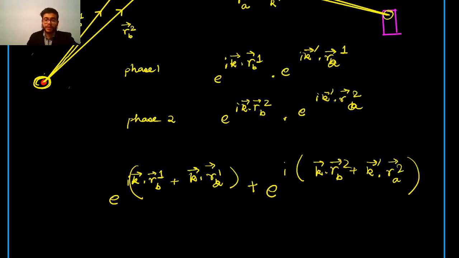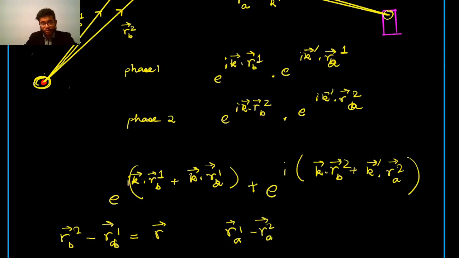So it will be a little bit of math, but if we see that rb2 minus rb1 equals R, then you will see that ra1 minus ra2 will also be R.